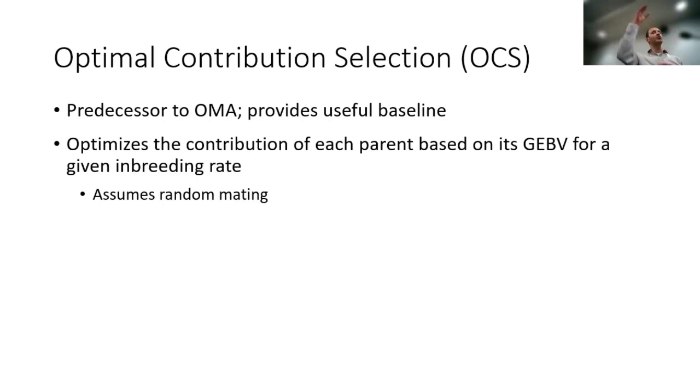It assumed that once you optimize, let's say this individual represents 20% of the next generation, you just randomly mated those individuals to develop the mating plan. The optimum mate version allows you to get beyond random mating, so you can do better in balancing the trade-off between genetic gain and diversity.